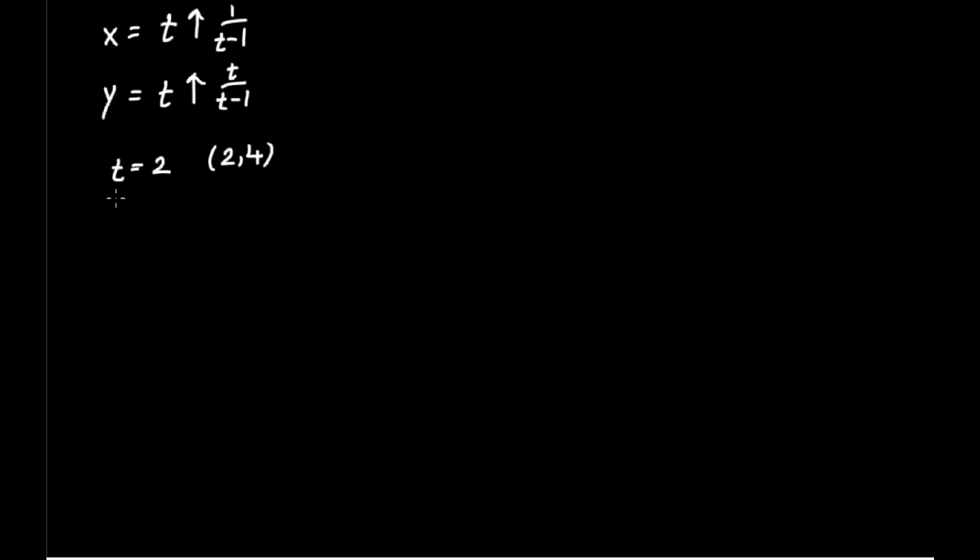Let me summarize what we have thus far. So we found that nice parametrization, x is equal to t to the 1 over t minus 1 power, and that y is equal to t to the t over t minus 1 power. And we plugged in a few values for t. We found that t being equal to 2 corresponded to the pairing 2, 4, which will commute.